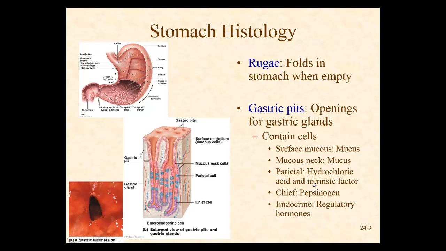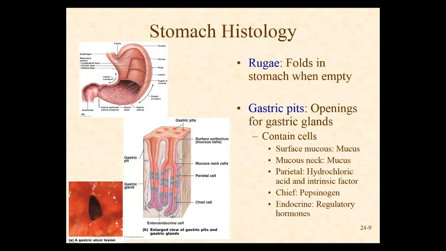So some people are not able to produce intrinsic factor. As a result, they can't absorb vitamin B12 from their diet, and as a result of that, they are not able to keep up with red blood cell production, and they become anemic. So that is a very important factor released by cells in the stomach for vitamin B12 absorption.